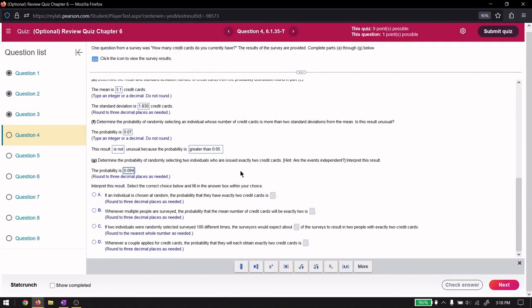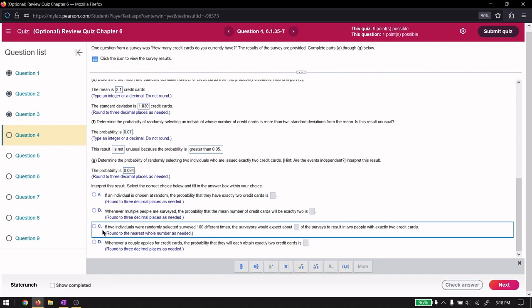Okay, interpret this result. If an individual is chosen at random, the probability they have exactly 2 credit cards is... No, it's not for 1 individual, it's for 2. Whenever multiple people were surveyed, no, it's not for multiple people, it's only for 2 people. If 2 individuals were randomly selected, surveyed 100 different times, the surveyors would expect about, I think it's this one, times this by 100, we're going to get 9.4.